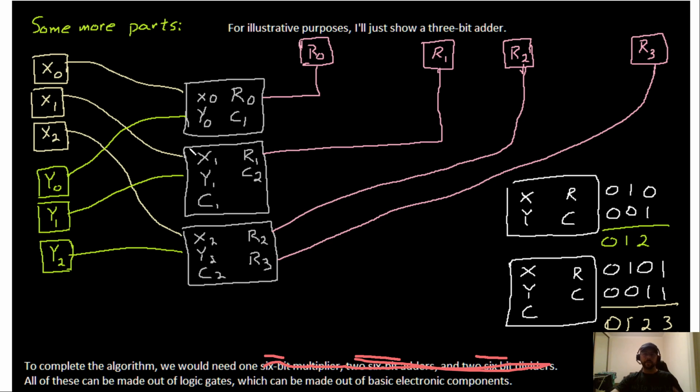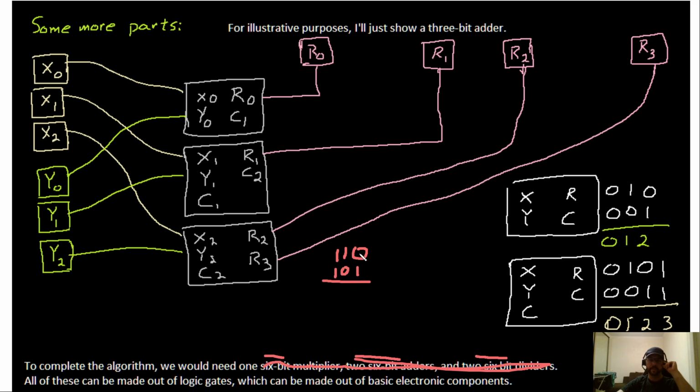So now just to walk through this algorithm real quick like I did the other ones. Let's say that we want to add the numbers 1, 1, 0 and 1, 0, 1.